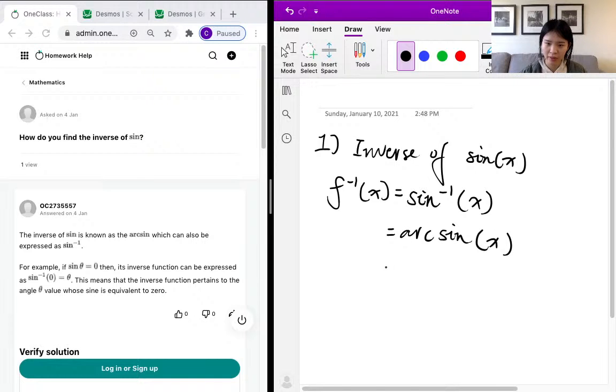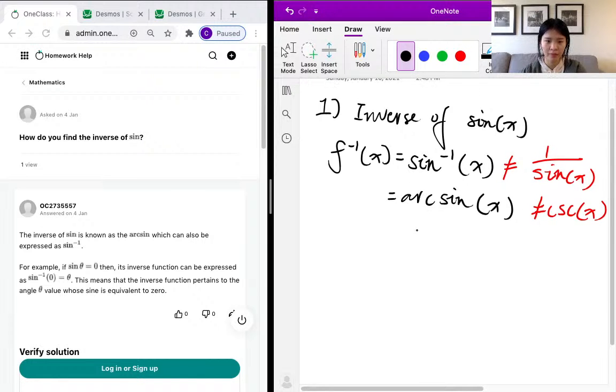You need to note that sine to the -1 of x is not the same as 1 over sine of x. That is the cosecant function, which is not the same as the inverse function, and it's not the same as the arc sine function. This is an important thing that you need to note.